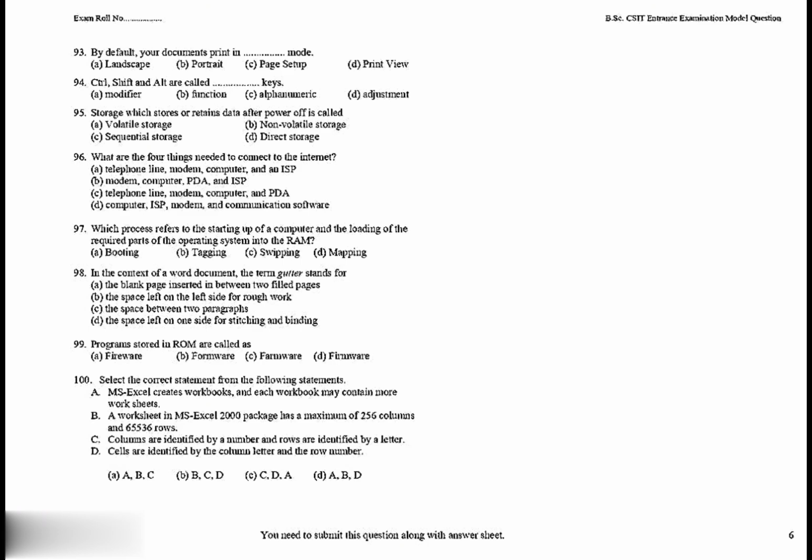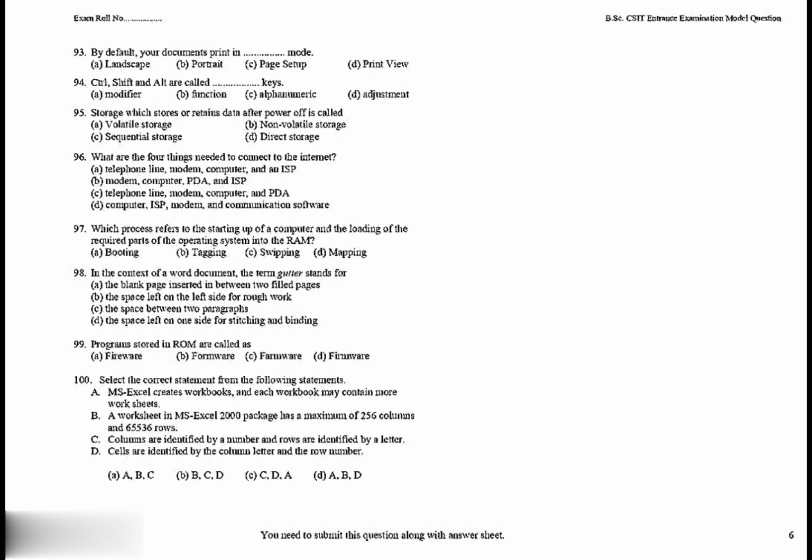99. Programs stored in ROM are called as A. Fireware, B. Firmware, C. Firmware, D. Firmware. 100. Select the correct statement from the following statements. A. MS Excel creates workbooks and each workbook may contain more worksheets. B. A worksheet in MS Excel 2000 package has a maximum of 256 columns and 65,536 rows.